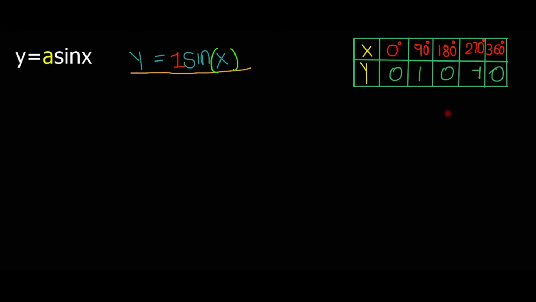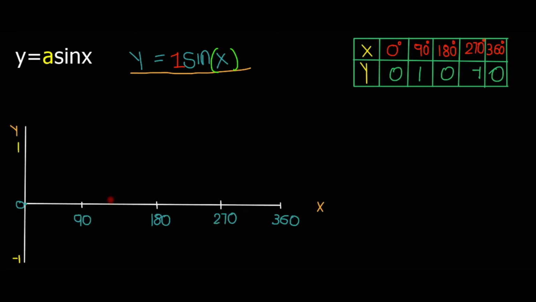So this means now we have the coordinates, because the coordinates are in terms of x and y. This means we have 0 and 0, 90 and 1, 180 and 0, 270 and minus 1, 360 and 0. So we use these points to plot a graph here.